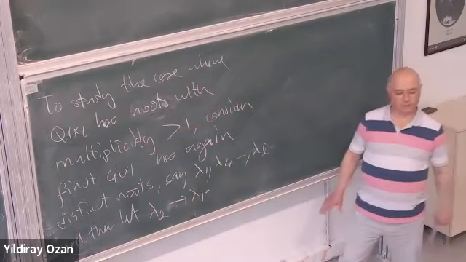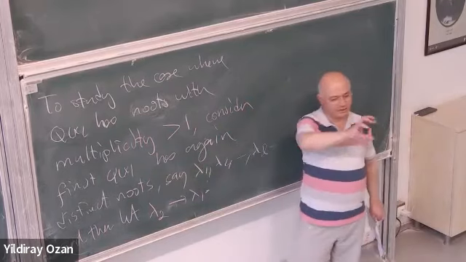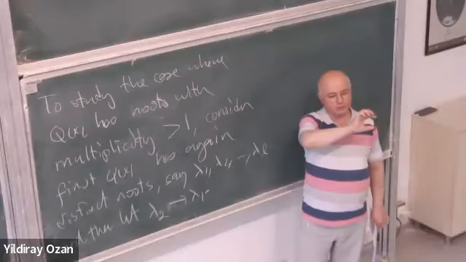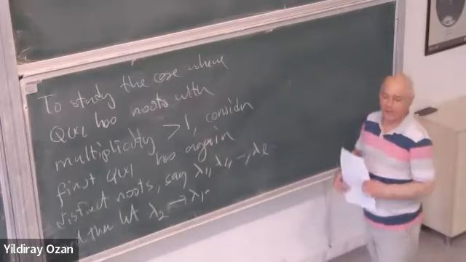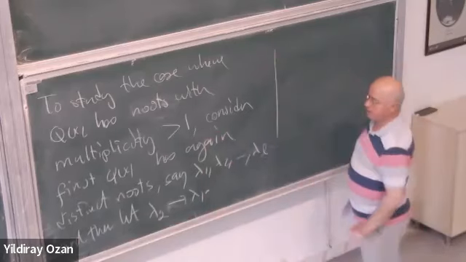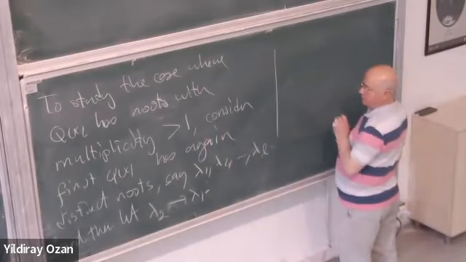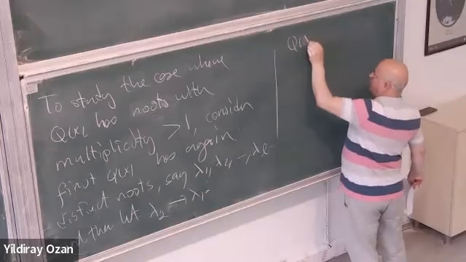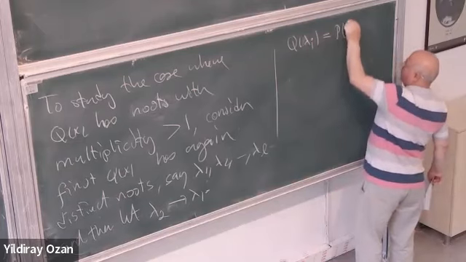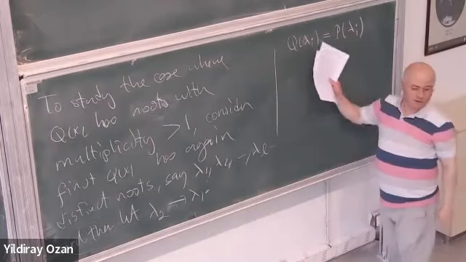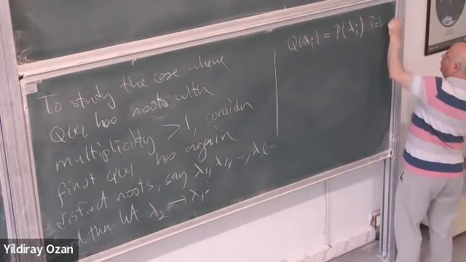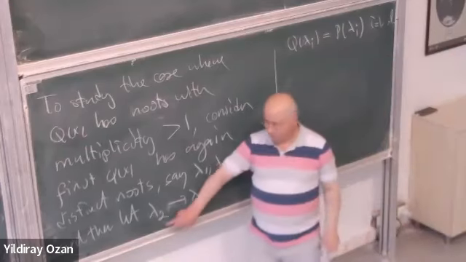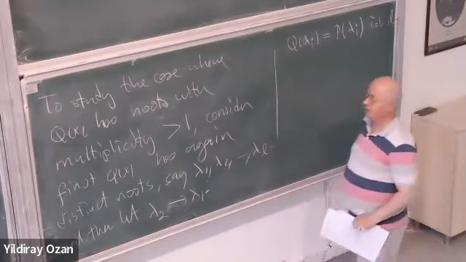So Q of X has distinct roots, but then over time one of the roots is moving towards the other one. Now, if the roots are distinct, then the polynomial we are looking for has to satisfy this, right? This should be just Q of lambda. But let's assume that one of the roots is moving towards the other.